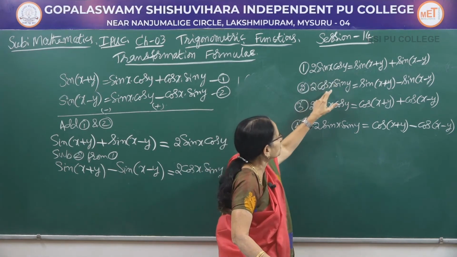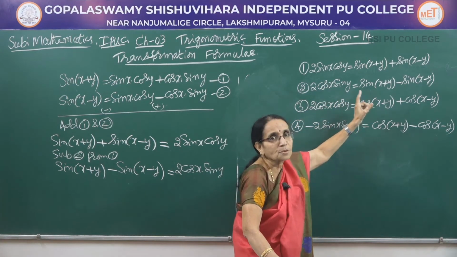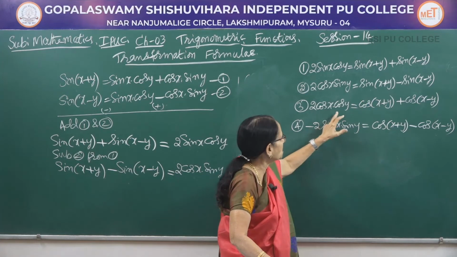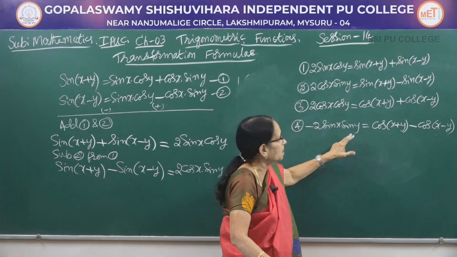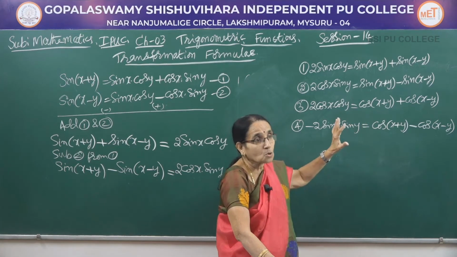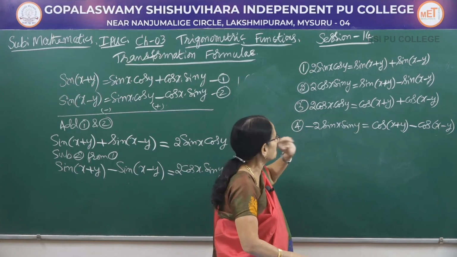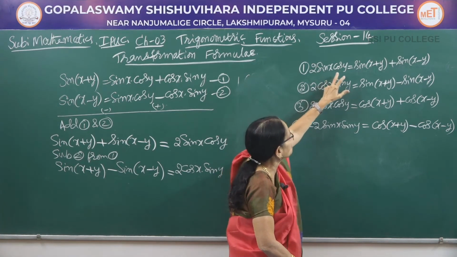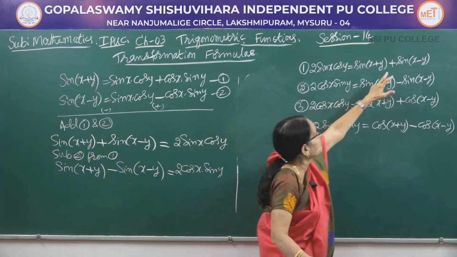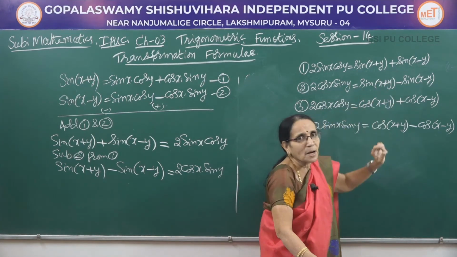If a product contains both sine and cosine, it would be expressed in terms of sine function. If it is purely a cosine or purely a sine product, it would be expressed in terms of the cos function. It is not a rule here, but this is a hint for you to remember. That too here, first sine comes, then cos, then it would be plus, and cos comes first, sine afterwards, it would be minus.